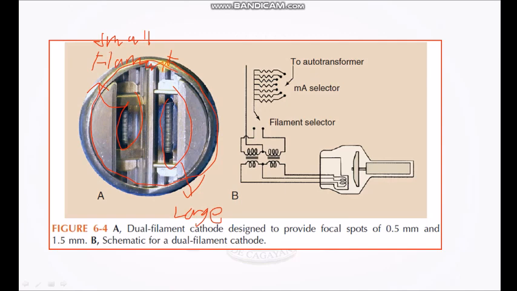So again, kaning filament, the small and the large filament can be used interchangeably depending on the examination. So like for example, if the examination needs a small amount of X-rays, so lesser amount of X-rays, so we can use the small filament. If we need a lot of X-rays during the examination, like for example, we need to image obese patients, we need to image the abdomen of the patient, so we need to use the large.